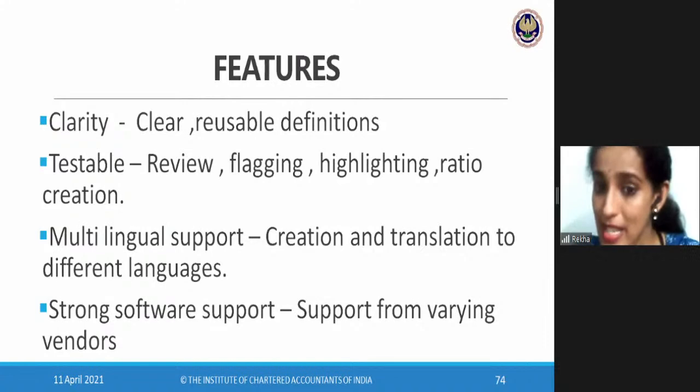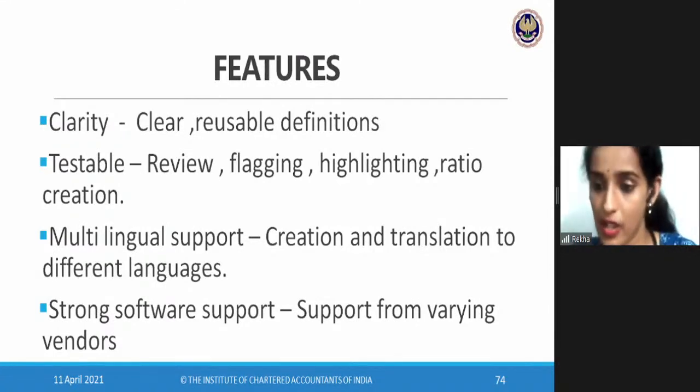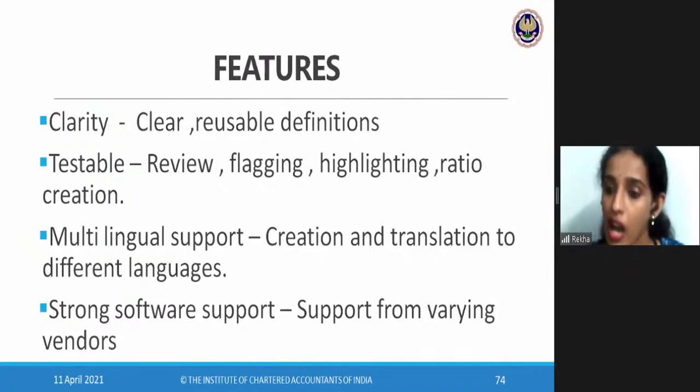So these are the basic features. One is clarity, which mainly relates to your taxonomy. Taxonomy is nothing but a dictionary of your accounting or reporting terms. As I told you, your creditors, amounts due to suppliers and trade payables are all put under one head called accounts payable. That is your taxonomy defined.